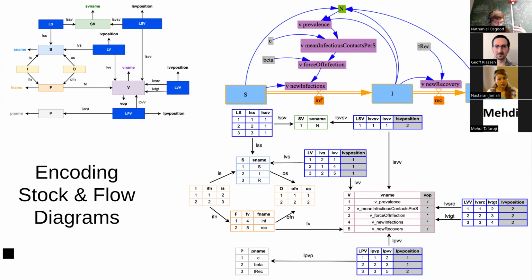This includes transparency, modularity, extensibility, the ability to do things like combine them for stratification, combine them for composition, building things up out of smaller pieces into larger. It also includes semantic flexibility, which is something that Nastaran has really pursued to great effect, mapping these diagrams to different types of semantics. ODE semantics is ordinary differential equations, stochastic transition semantics, loop gain semantics, and eigenvalue elasticity related semantics, etc.